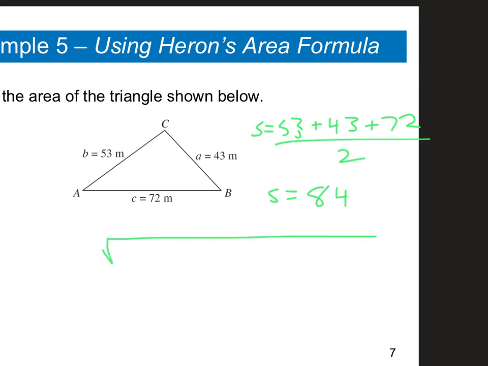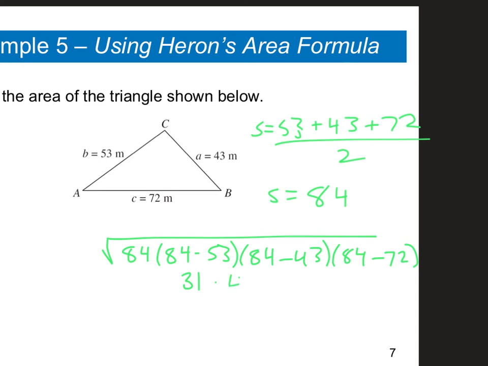So we have the square root of s, so 84, times 84 minus each side multiplied to each other. So 84 minus 53 times 84 minus 43 times 84 minus 72. I'm going to subtract each one first. So 84 minus 53 is 31. 84 minus 43 is 41.